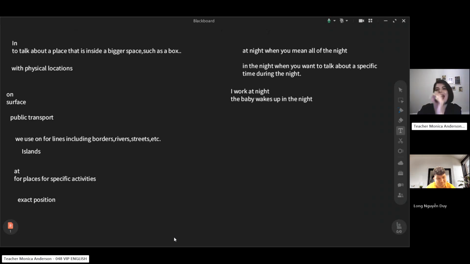So when I add a date to make it more specific, I use on the 2nd of August. So I use on. Okay, so I think this is all. Of course, there may be some others, I need to think about it. If you have any questions related to these? No, I don't. Okay, very good.